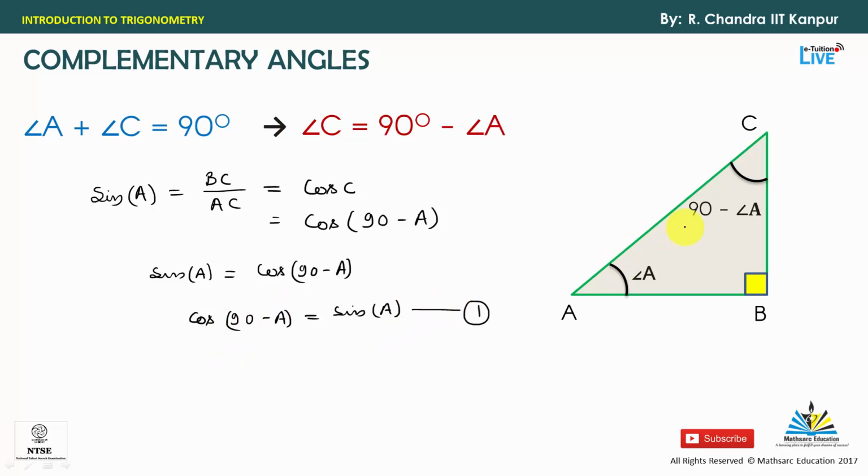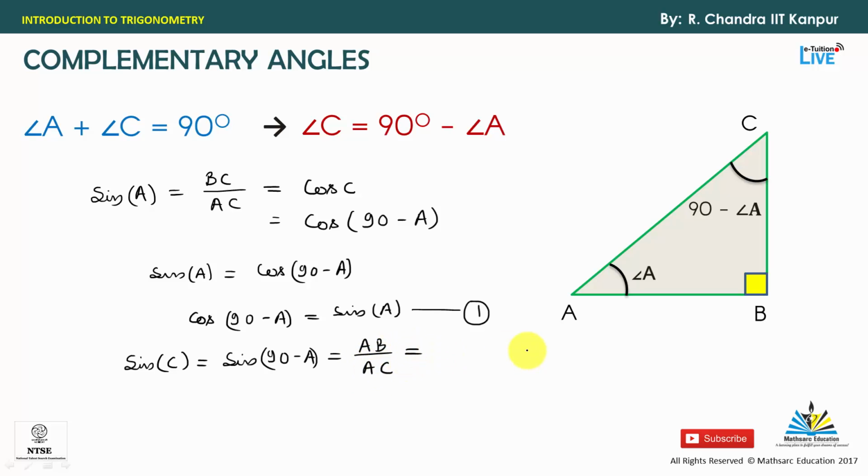Similarly, if we think of sine of 90 minus A, or sine C, that is equal to AB upon AC.